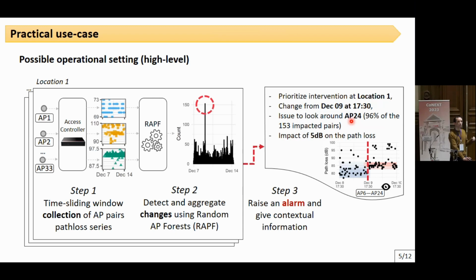So it's more difficult to detect because there is a lot of noise which is not very interesting here. But if we know this access point is the one we need to look at, when we visualize it, it's clear that something is happening here, and there is a quick increase in the path loss.